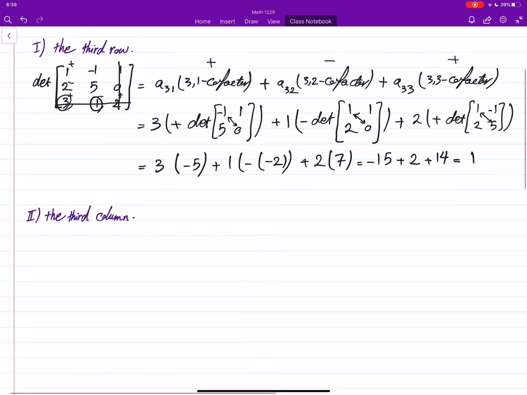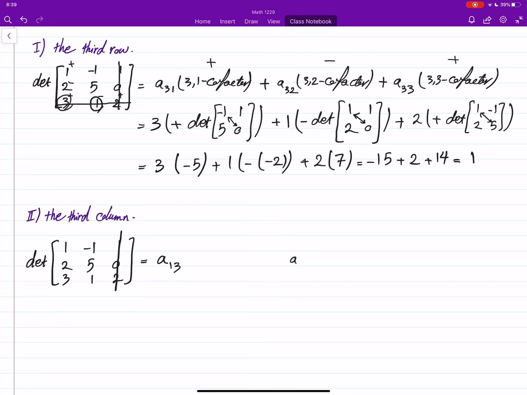Let's do it for the third column, expansion along the third column. 2, 5, 0, 3, 1, 2. So this is the third column, and let me write the expression for the determinant in this form. So the entries of the third column are 1, 3, 2, 3, and 3, 3.